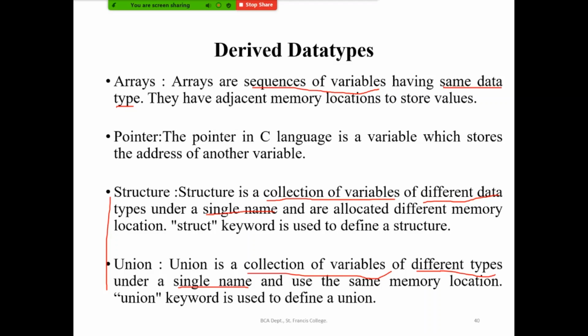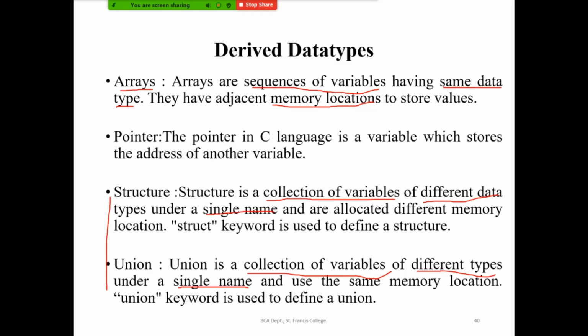We have studied already that an integer data type will be allocated 2 bytes. Some allocation will be done, and that memory area will be referred to by the address of the location. When we are allocating arrays, or a sequence of variables of the same data type, those memory locations will be continuous memory locations for storing all the variables.